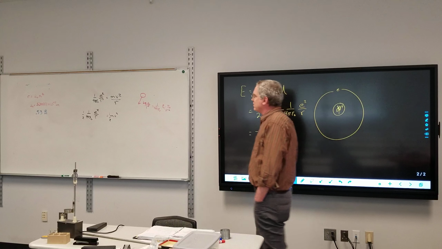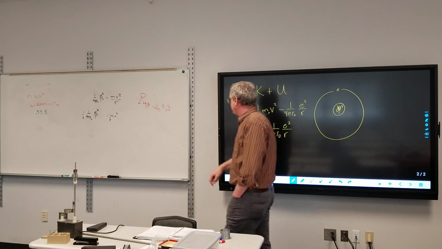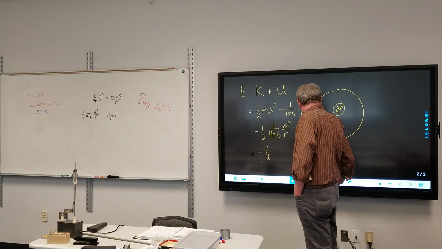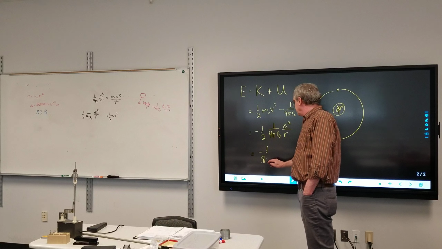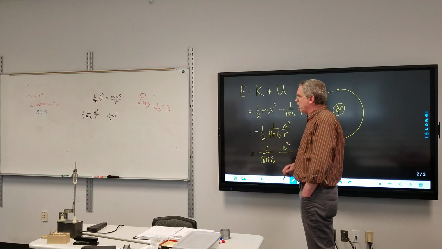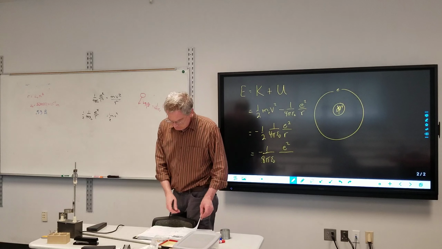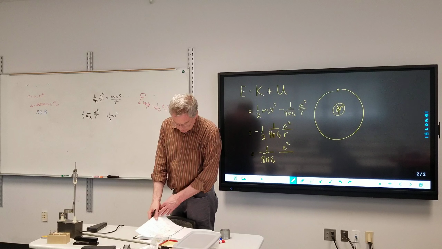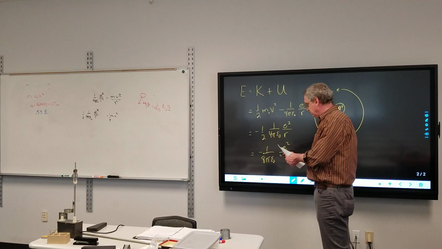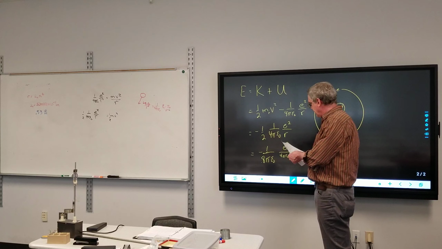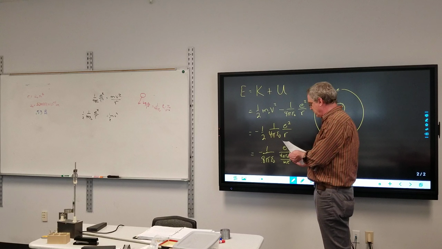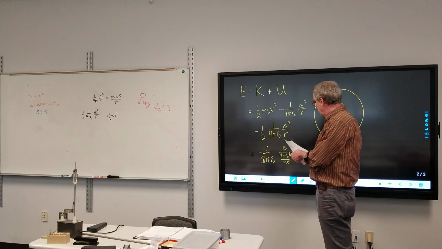I also know that I have a value for my radius. So negative 1/2, let's go ahead and combine those. 8 pi epsilon naught, E squared over R, and the formula for R we had last time: 4 pi epsilon naught h bar squared over mass times the charge squared, n squared.